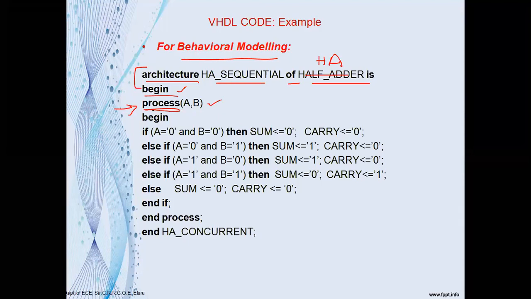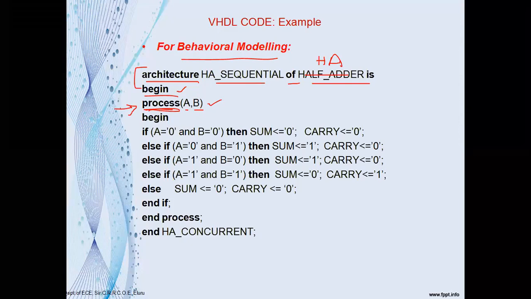So here, the process statement, in the name itself you can understand that it is processing the input variables. Whatever variables you mention in this process statement will be processed for the behavioral modeling. Suppose the inputs are A and B. Now in the process statement, between the brackets, you mention the processing variables.